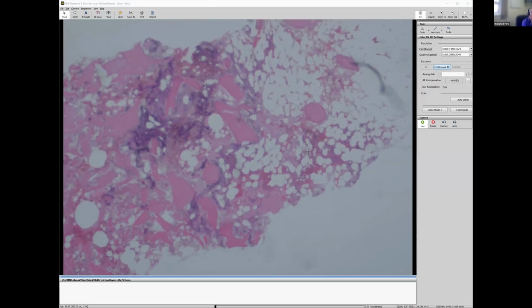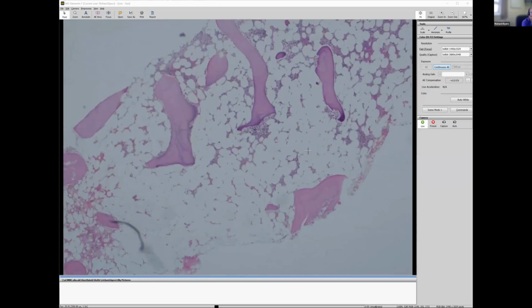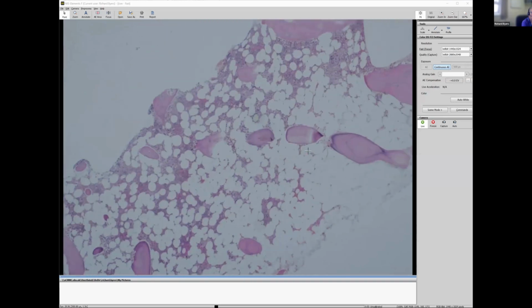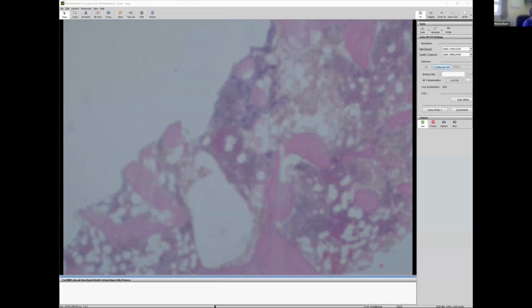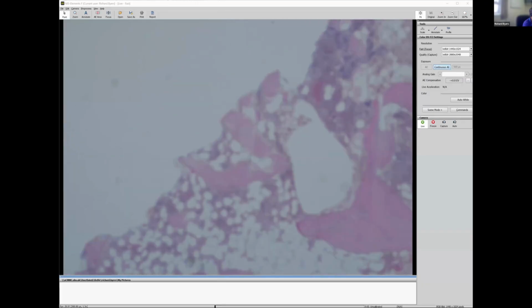So there's a patient born in, so they're 62. And it's quite a cellular marrow, this, actually. Let's bring up the report. So it's a male born in 62. And it's post-chemotherapy.